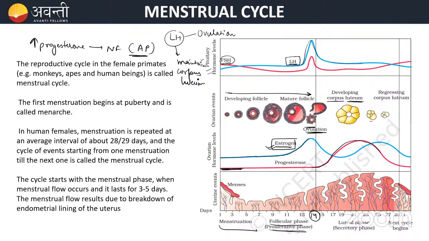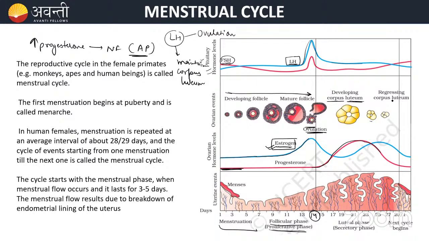So when the level of LH starts decreasing, the corpus luteum which is formed also starts degenerating. The corpus luteum degenerates, and this regressed corpus luteum is known as the corpus albicans. And the corpus albicans does not produce progesterone.